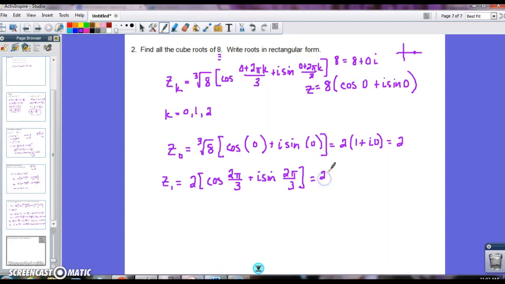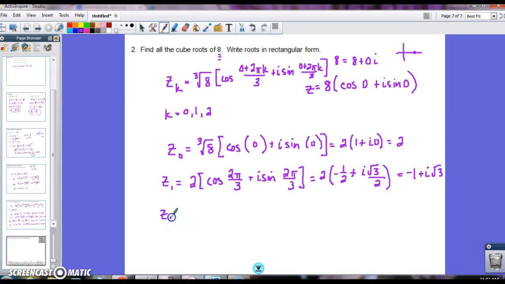And that would be 2 times, the cosine of 2 pi over 3 is negative 1/2, sine of 2 pi over 3 is root 3 over 2. So that gives you, when you distribute, negative 1 plus i root 3.